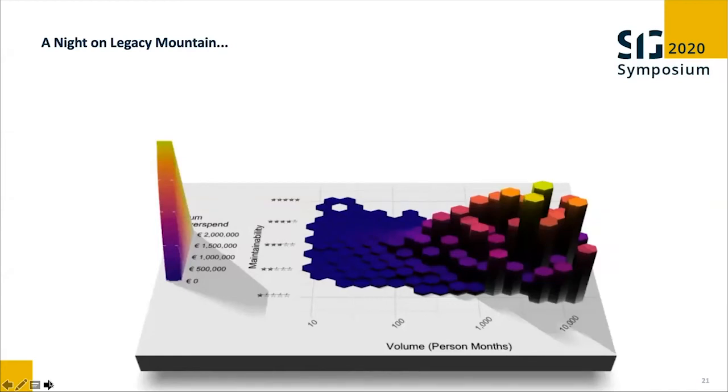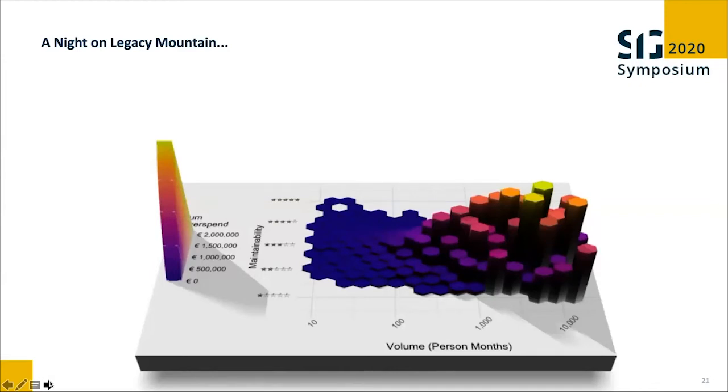And basically that's the vertical that you see here. So a 3D plot like this is nice to get a good feeling for this enormous overspend that can be. So the yellow peaks, let's say, of the legacy mountain are at 2 million euros overspent per month for several systems that exist of that size and of that poor quality level.